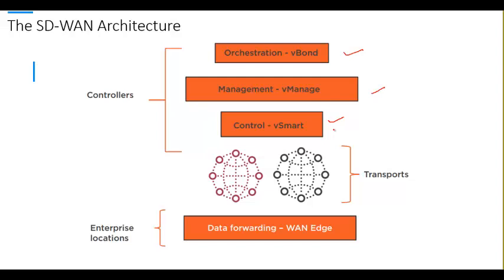Those configurations that are not control plane related, but common for all WAN edges, will be sent directly by vManage. But those things that determine the control plane will always go through the vSmart. vSmart is the one which, as the word says, controls, which decides the control plane for all the traffic flowing between edges. So these three we call controllers, and all these three are VMs.